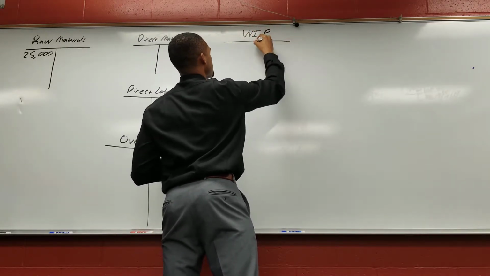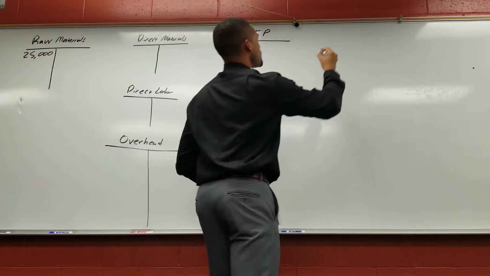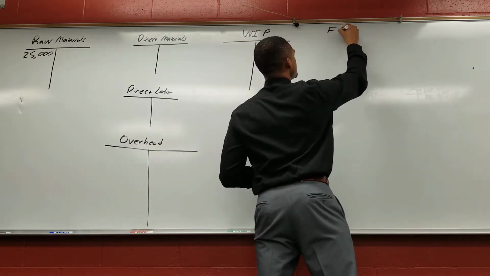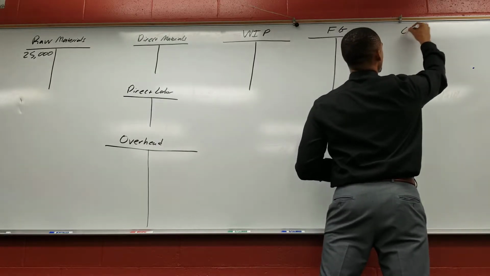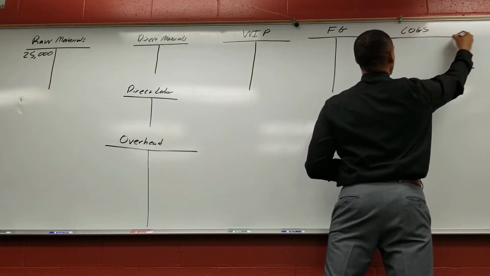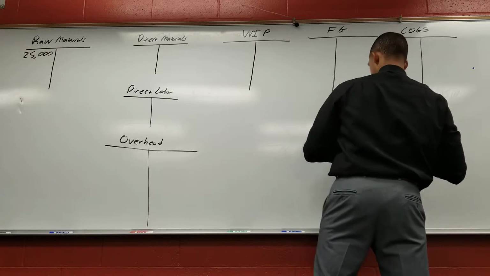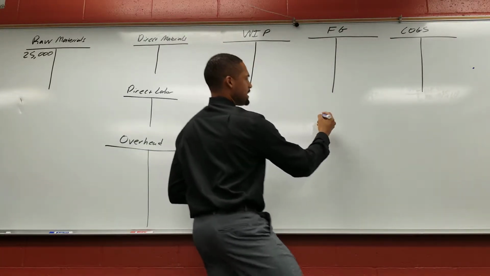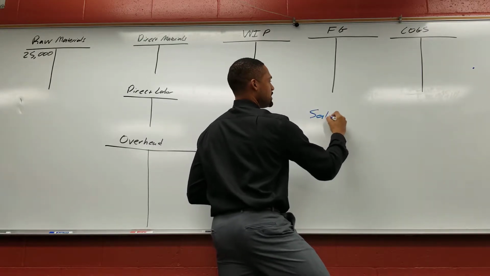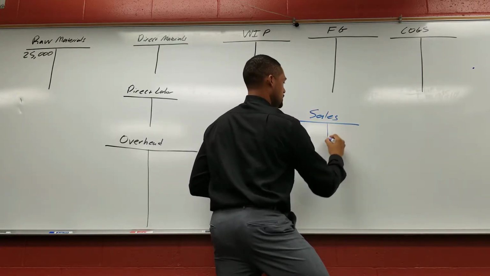work in process. And after work in process, there's finished goods, our inventory account, and this flows to cost of goods sold. And somewhere below, there is a sales account. This is not too necessary, so we'll make it blue.